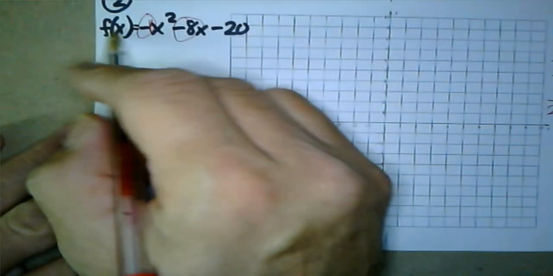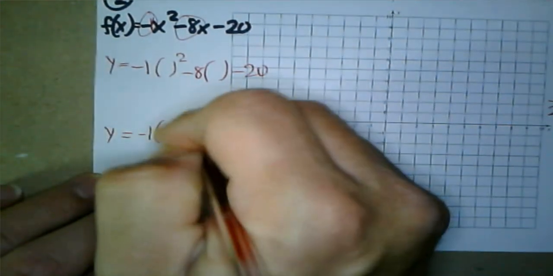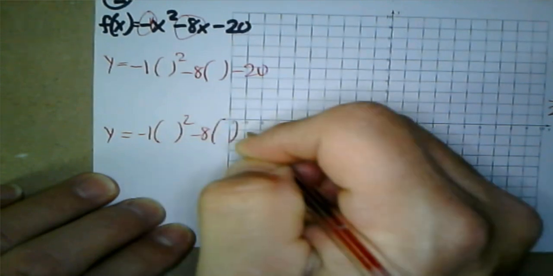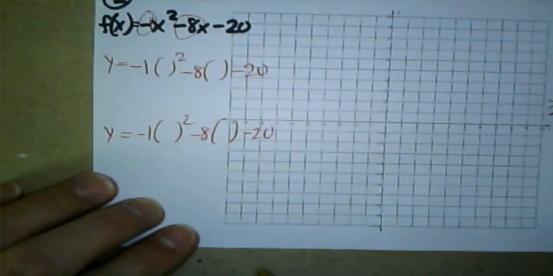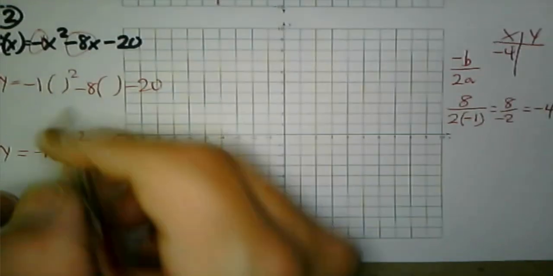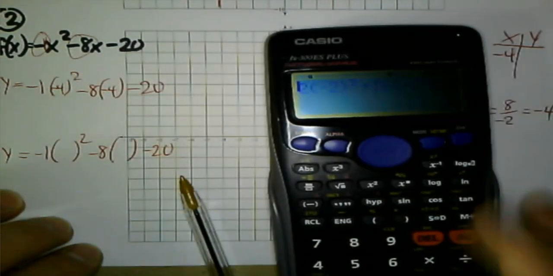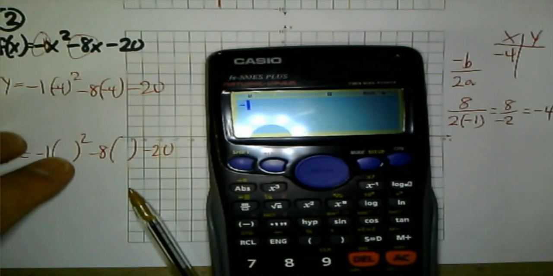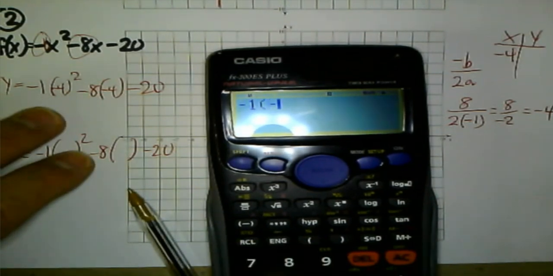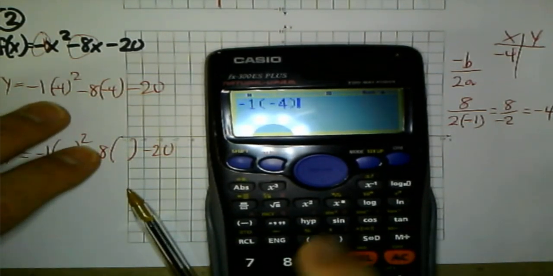So we'll come over here. F of x just means y. So we have -1. We are taking out the x's, and I'm going to do this twice. So the first one I'm going to put in there is the -4. So I'm going to put -1, parenthesis, -4, parenthesis, which means multiplication.